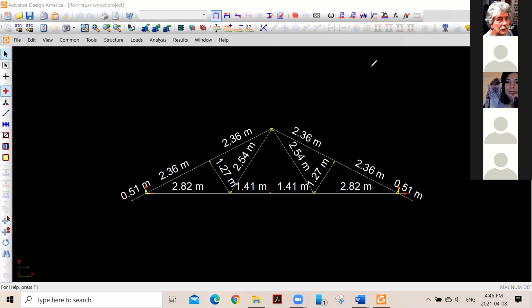What you do is simply in ADA, I like to call it serviceability limit states. Do a load combination called serviceability limit states, and that's what you're going to call this combination, because to design this, you call this one ultimate limit states, the first one for the forces.